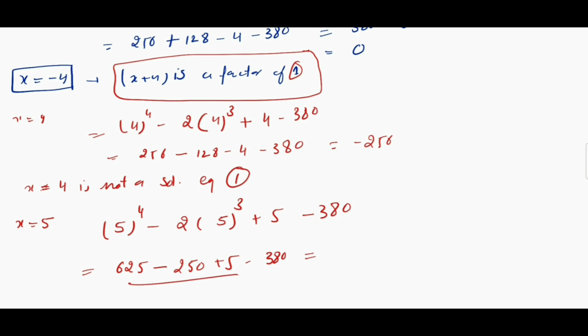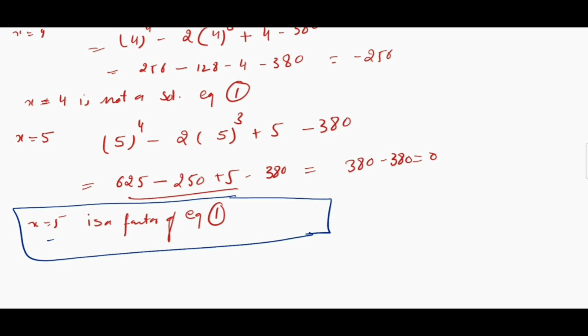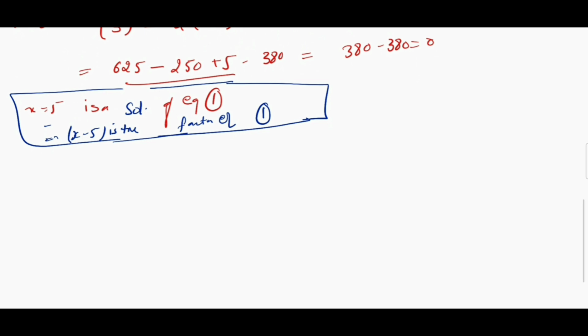If we solve this, we'll get 380 minus 380 is equal to 0. So x is equal to 5 is a solution of equation 1. This implies x minus 5 is a factor of equation 1. So we have two factors of equation 1. These are x plus 4 and x minus 5.